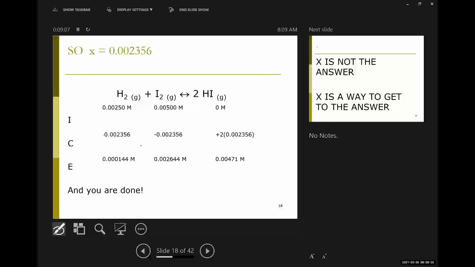0.002356, right? That's the X that solves the problem, but my equilibrium concentrations are all related to X, but none of them are X. And so my last step really in any equilibrium problem is the ICE chart.